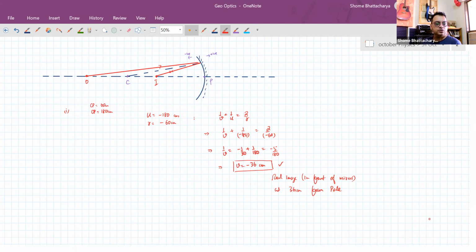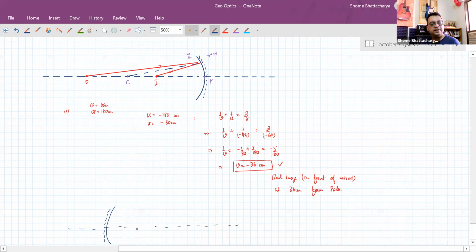Now, the point that I also want to show you is that there is no hard and fast rule that we always have to place the mirror like this. We could have also placed the mirror like this, facing the other side. And if we do that, it's not like we have to suddenly change our sign convention and make the right hand side negative and the left hand side positive. You can stick to the same sign convention that this side is positive and this side is negative. So here the center of curvature is over here. Okay, and the object is placed somewhere over here.